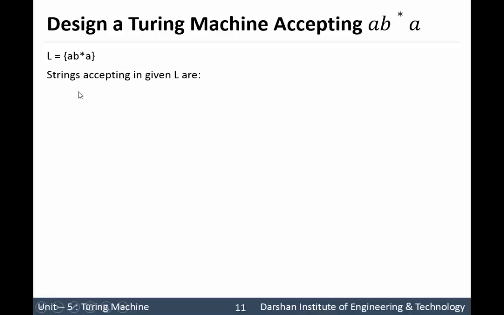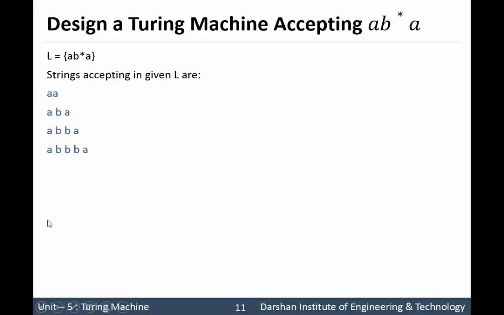Let us see some strings accepted in the given language L: aa, first character a, no occurrence from b*, and last character a. Same way aba, first character a, one occurrence from b*, and last character a. abba, abbba.